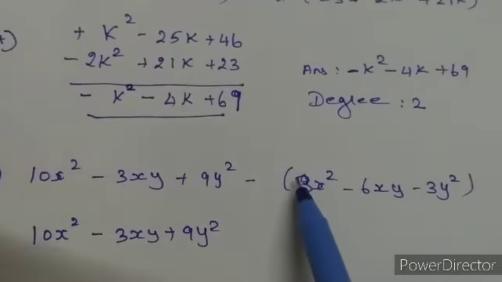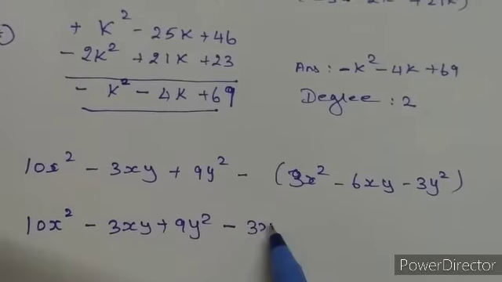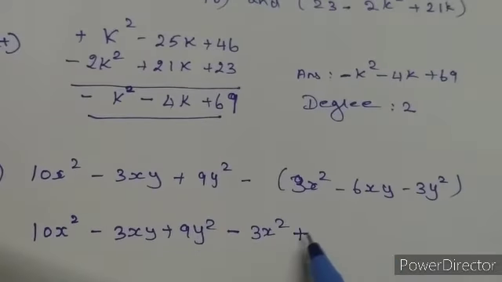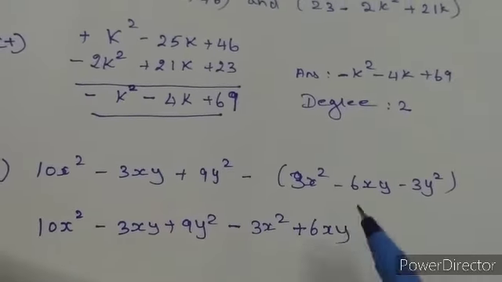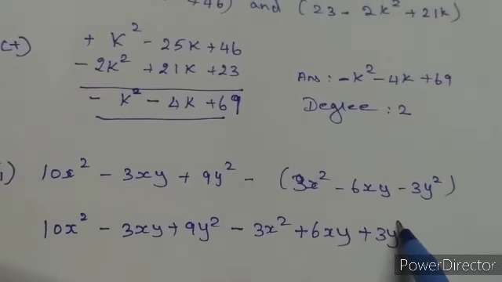Take a minus 2 inside the bracket. So plus into minus, minus 3x square; minus into minus, plus 6xy; minus into minus, plus 3y square.